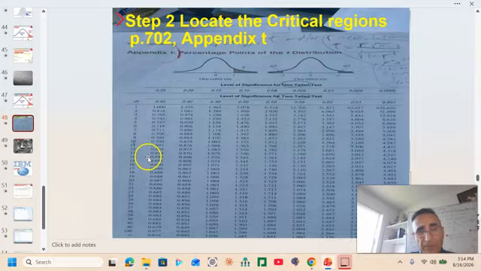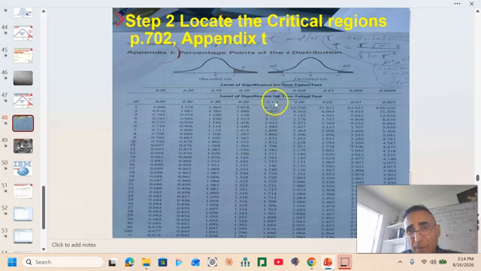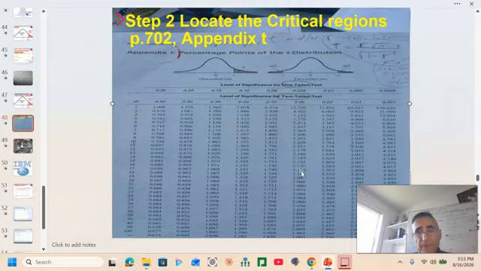If you have 100 people, then your DF is 99, n minus 1. And then what you need, 1 tail or 2 tail. Then you use, for example, 2 tail, then you look for the alpha of 0.05. And based on your degrees of freedom, it tells you the critical value for that number.